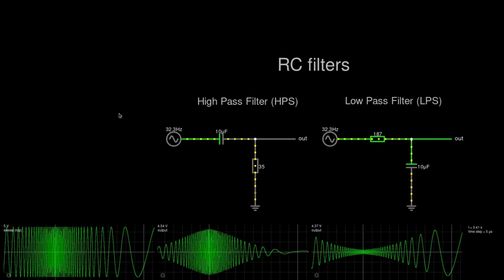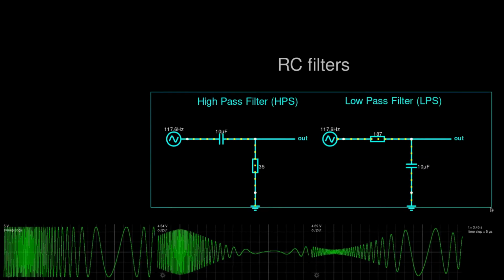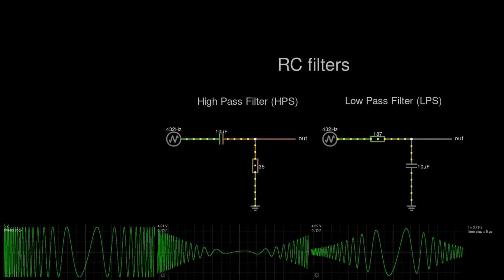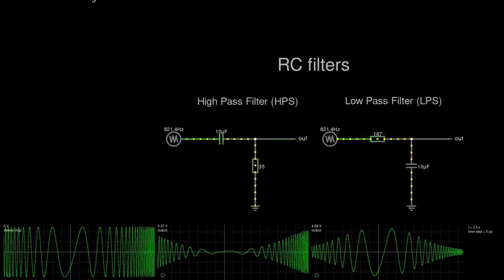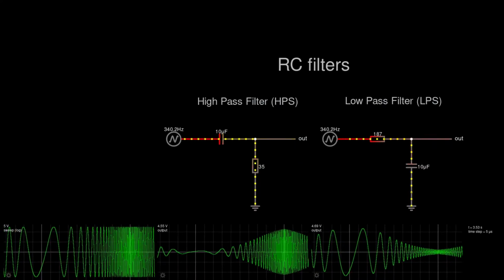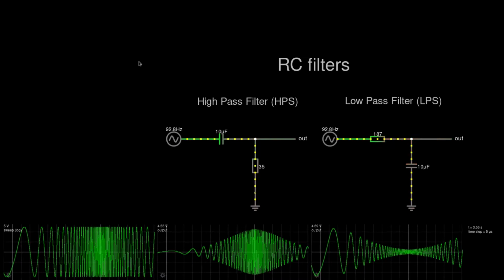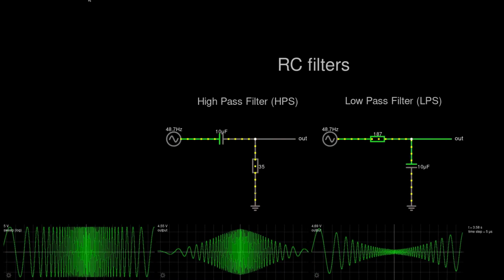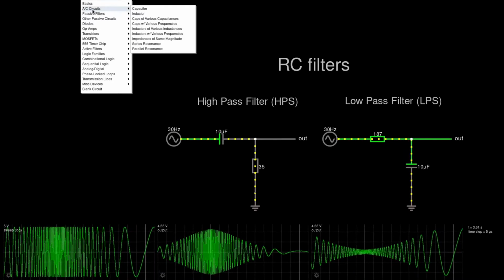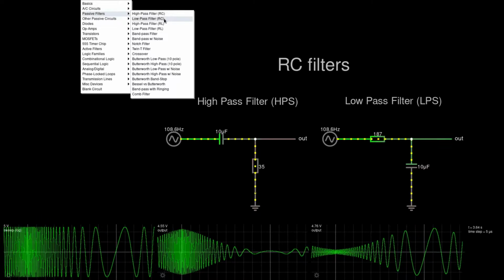And just to mention it, both of these schematics are originally included in the falstad.com/circuits simulator. Under the circuits menu you can see the passive filters, and these are the high pass and low pass filters.